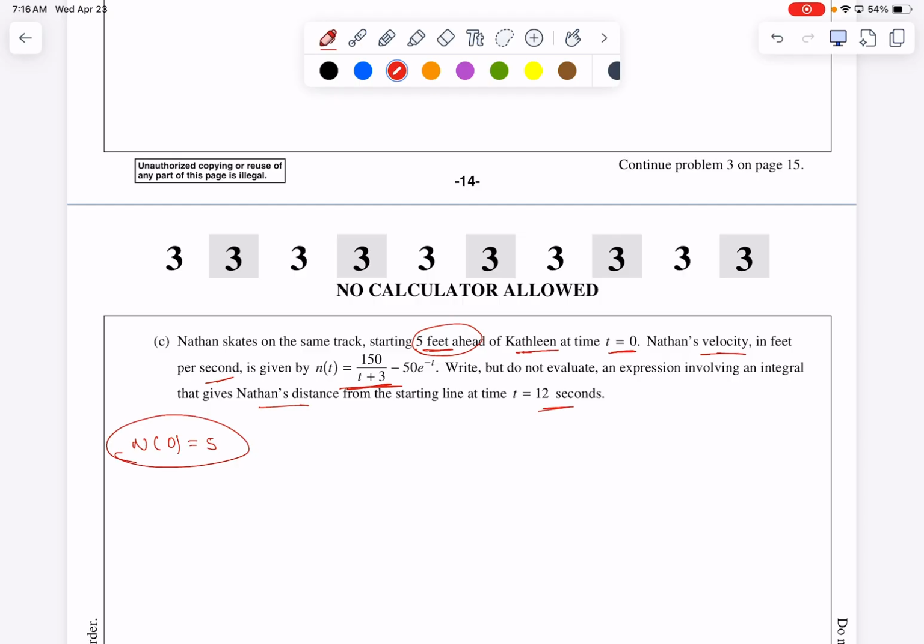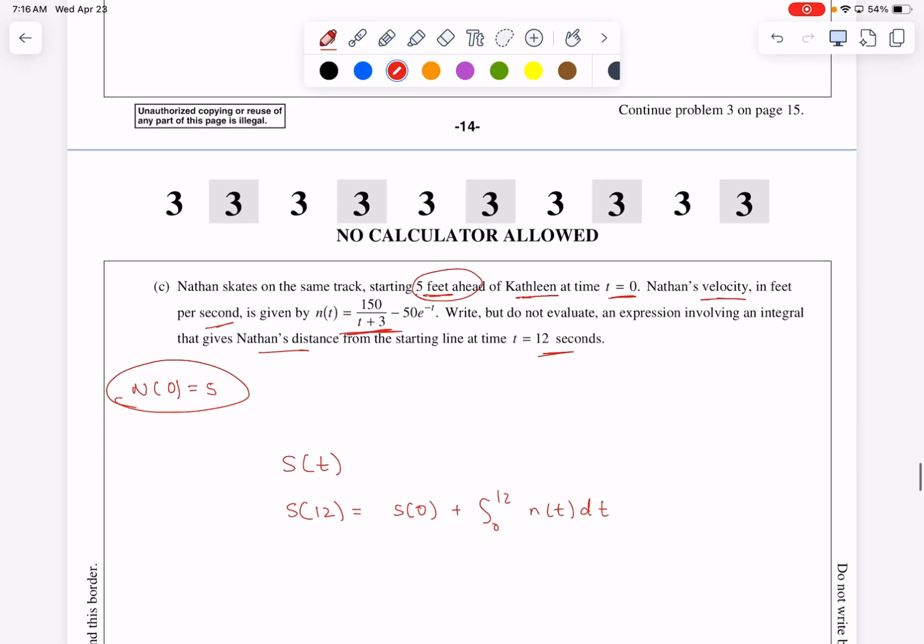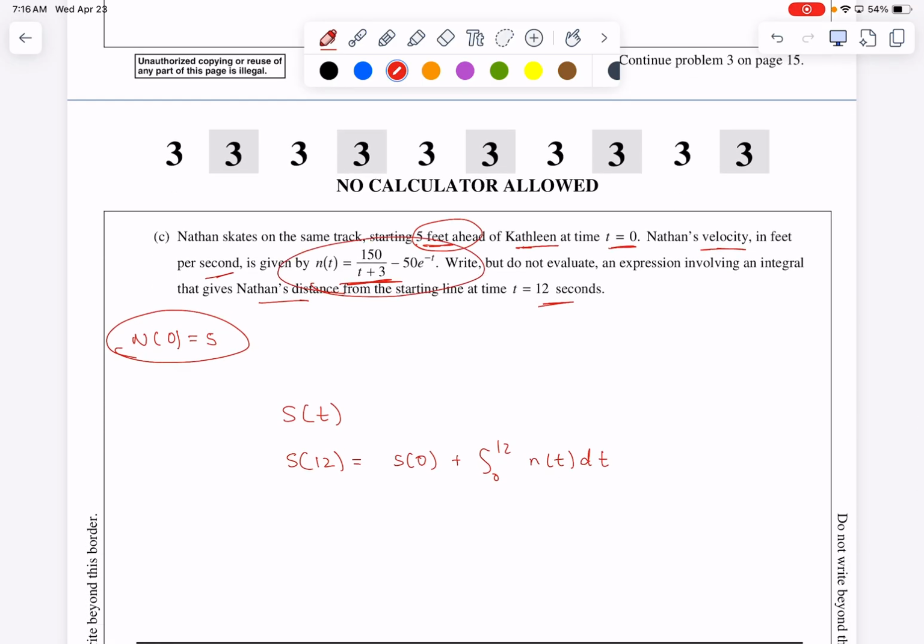So if you want to use S of t for position, S of 12 would be Nathan's position at 0, which is going to be 5, plus the integral from 0 to 12 of Nathan's velocity function, which is n of t. Okay, they said n of t is given, and so here's how you get the points.